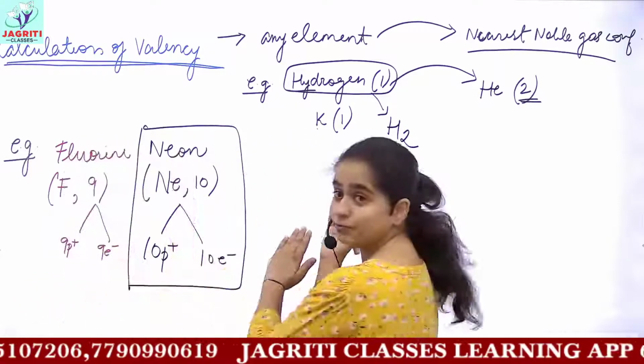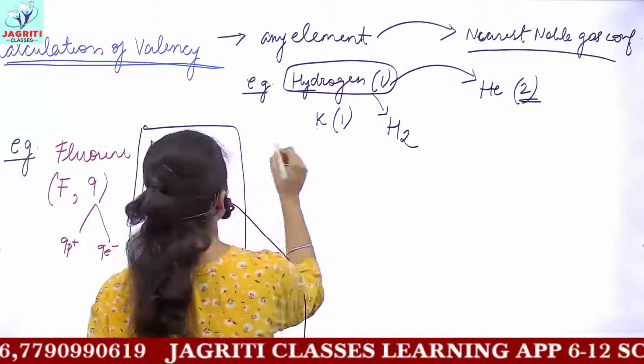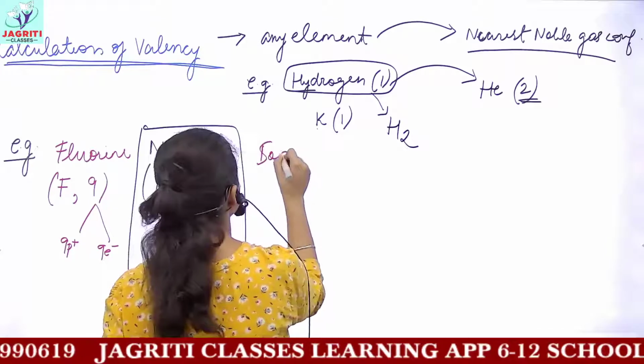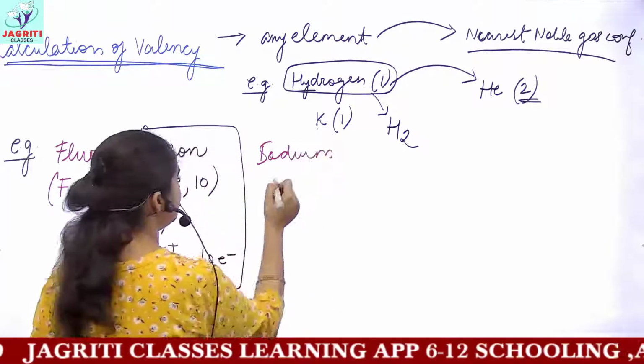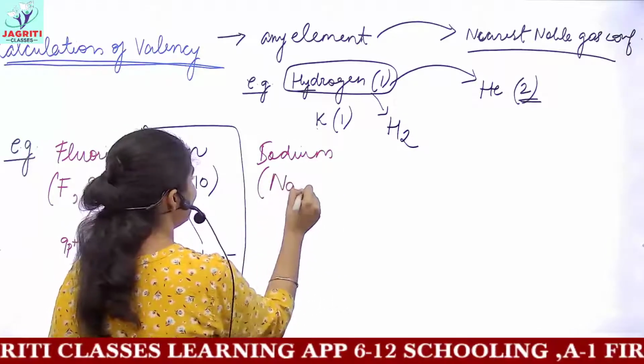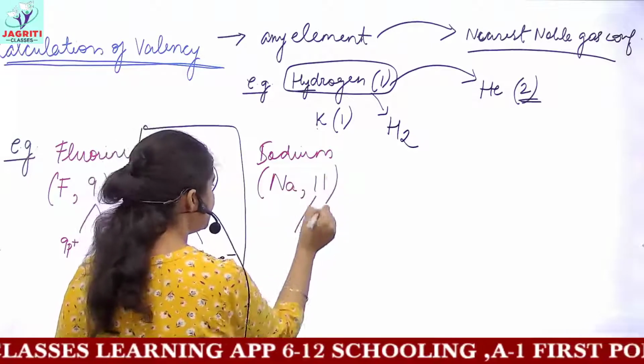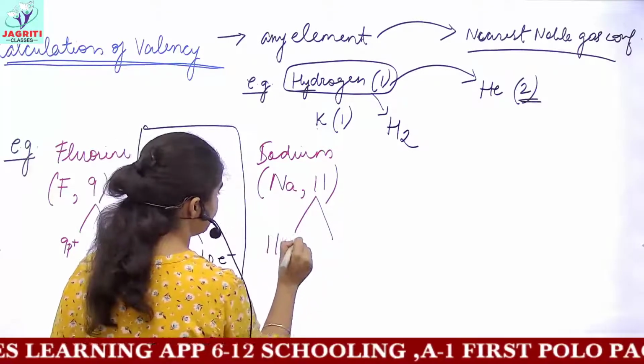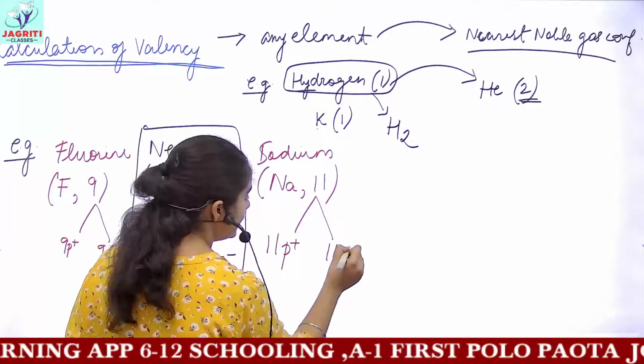And the next neighbor of neon is what? Sodium. The symbol is Na, and the atomic number is 11. 11 signifies the same thing, that it contains 11 protons and 11 electrons.